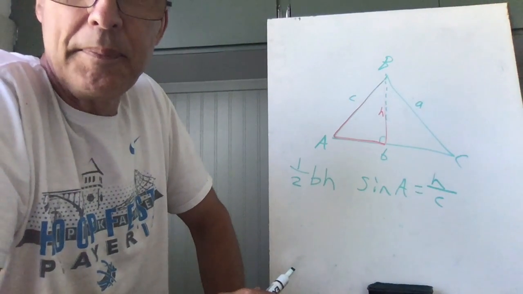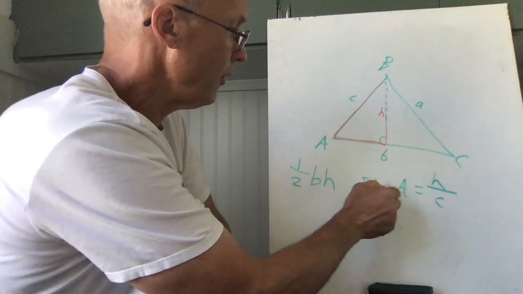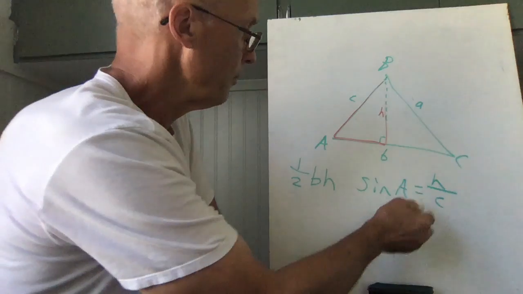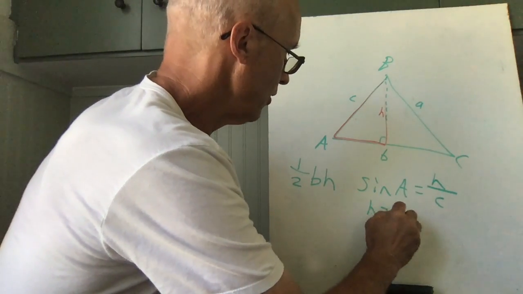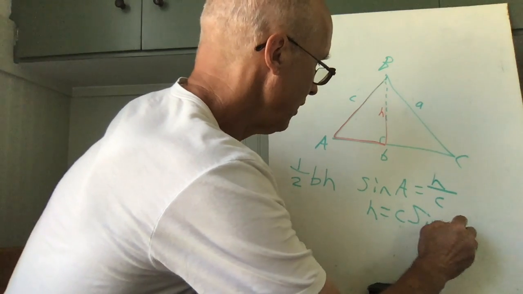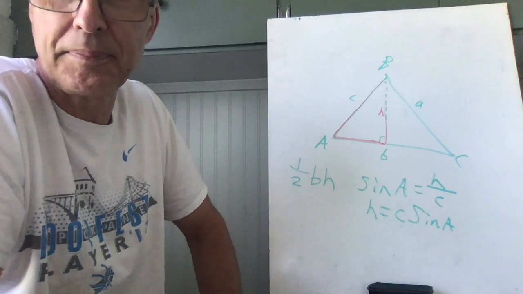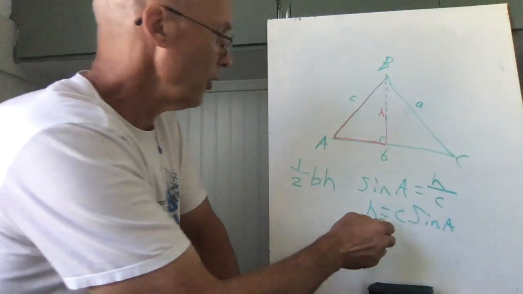Okay, are you with me? Do a little manipulation with algebra. Multiply c over there because we want to get h by itself. So h is going to equal c times sine A. Right? Let's do a little substitution.